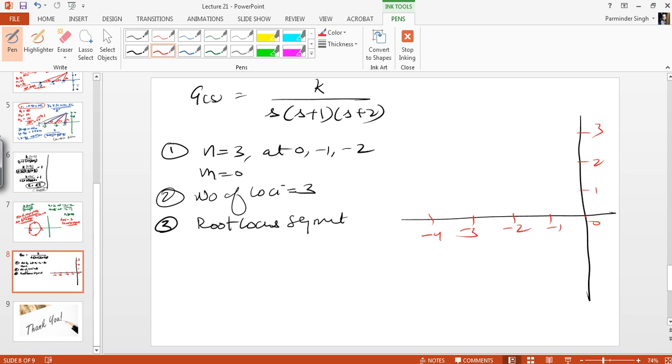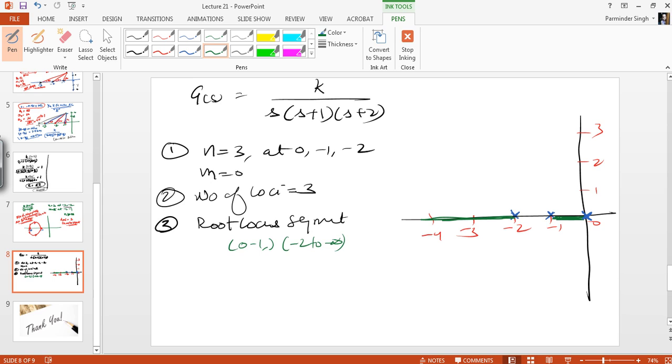Now poles are 3, so let's designate them by cross sign. One is over here, one is over here, and one is over here. Segments: this will be a part of a segment because on the left hand side we have odd number, on the right hand side we have even number, this won't be, and then we have this thing. So segment is between 0 and -1, and -2 to -infinity.